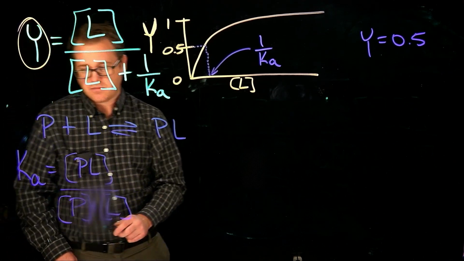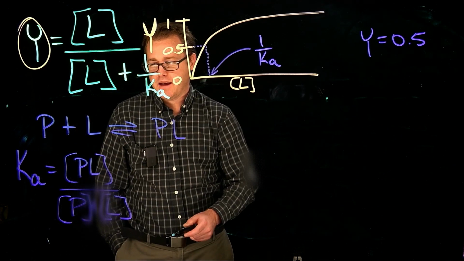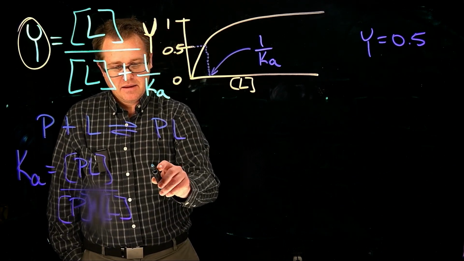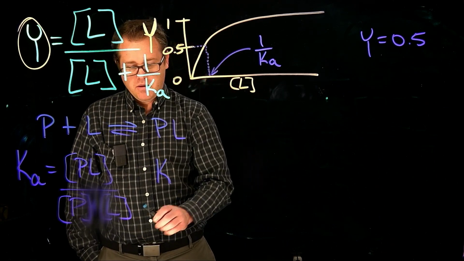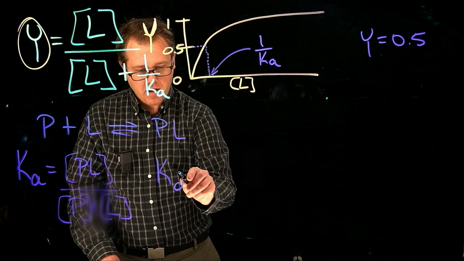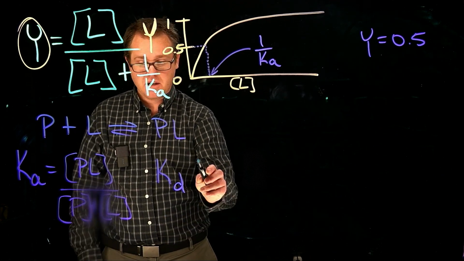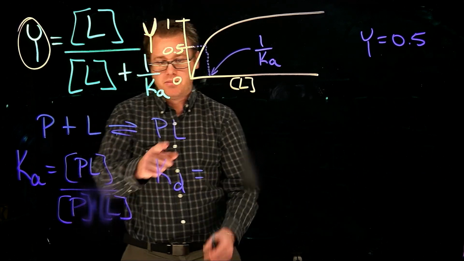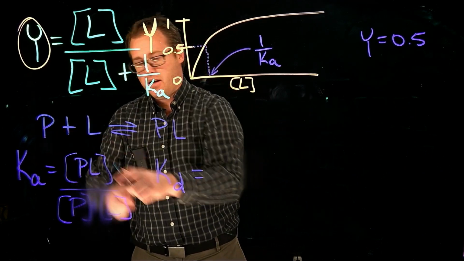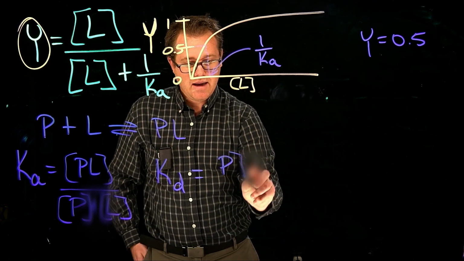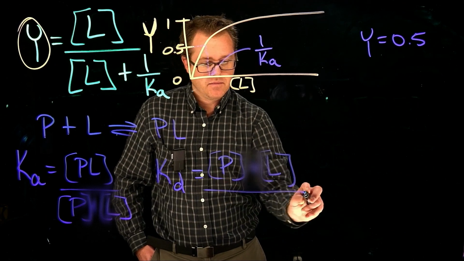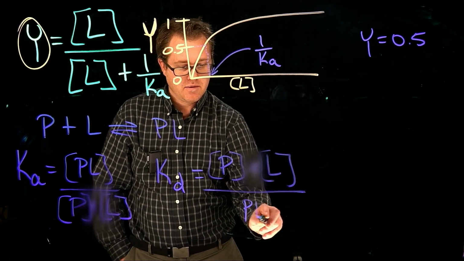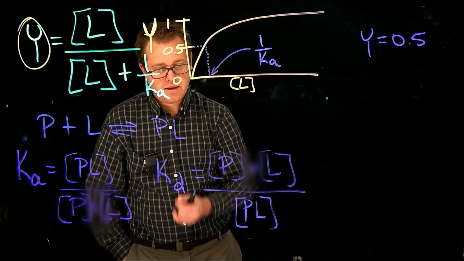Okay. Now we've learned from chemistry class that the Kd, or the dissociation constant, is going to be going from here to there. So now it looks like this. Okay, that's our Kd.